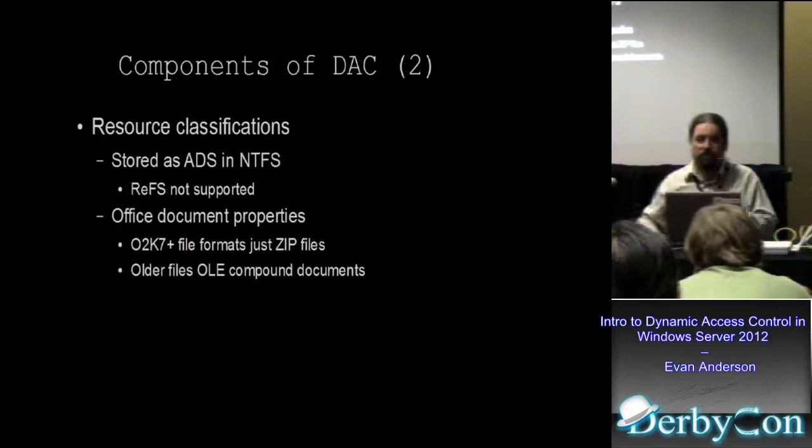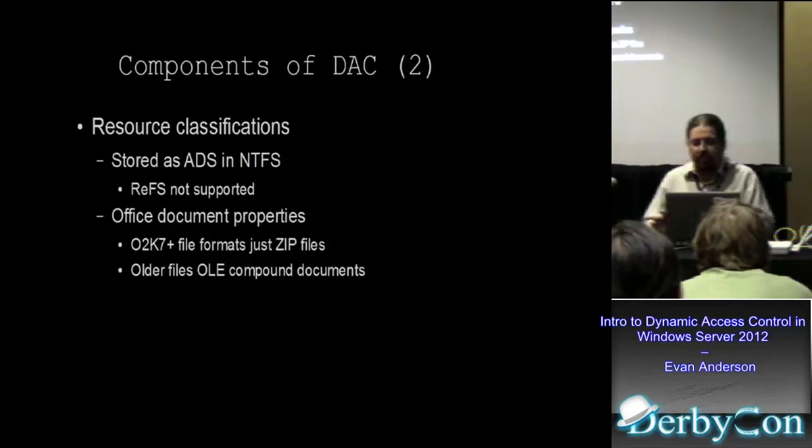Additional streams of data can be stored right along with that file, right beside it in the file system, that sort of appear opaque, and I think a lot of people are afraid of them because they think of malicious storage of information, hiding data behind the scenes. I have a copy of Notepad that actually has malware in an alternative data stream or something like that. And yeah, it can be used for evil, certainly, but it can also be used for storing legitimate metadata about files, and that's what DAC does, is the resource classification is stored in these alternative data streams.